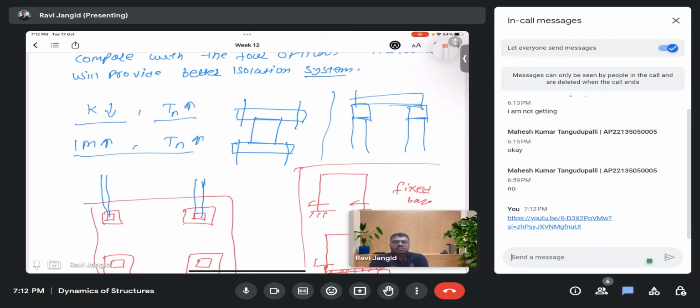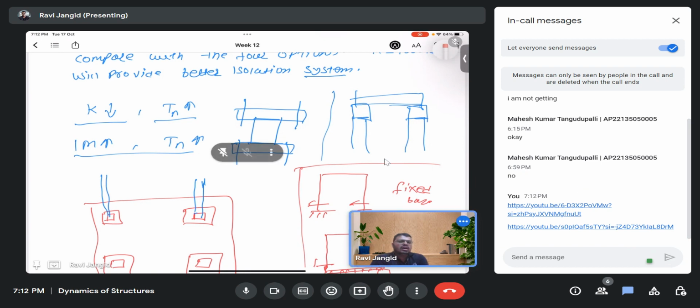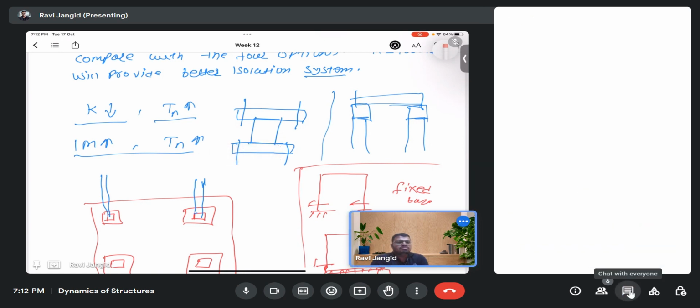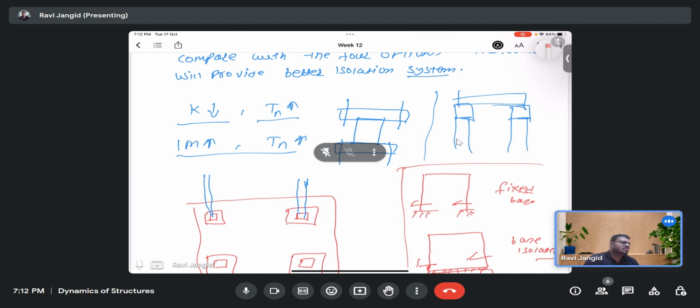Okay, sir. So for important structures we are using base isolation in India, because it always increases the cost. But now research is going on developing base isolators with scrap tires.